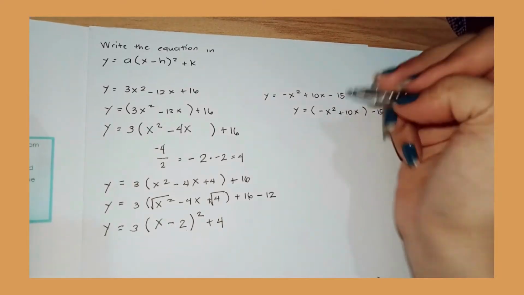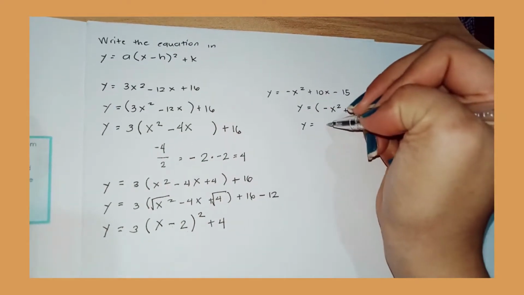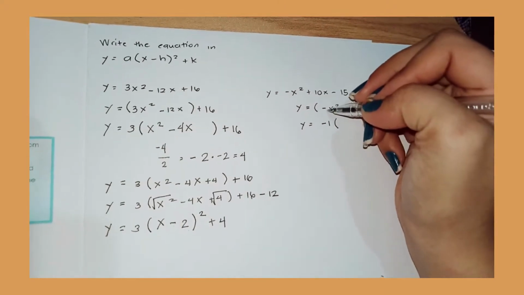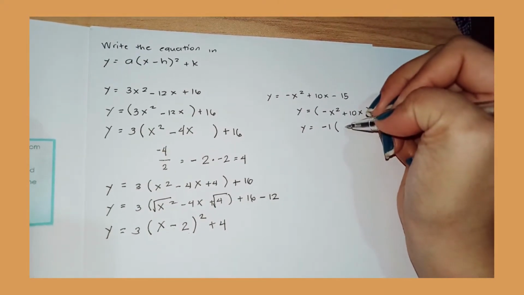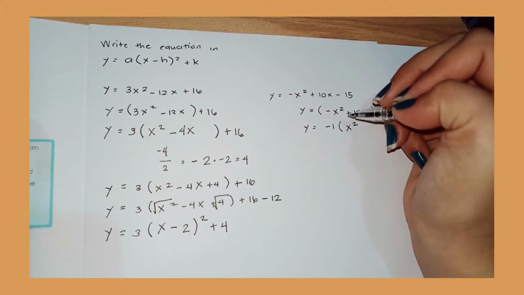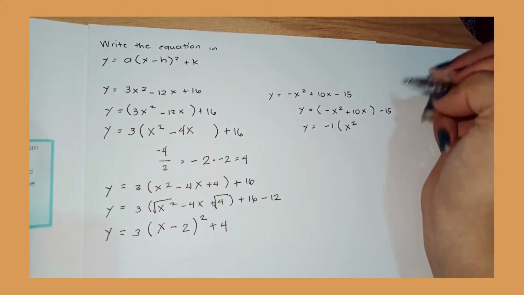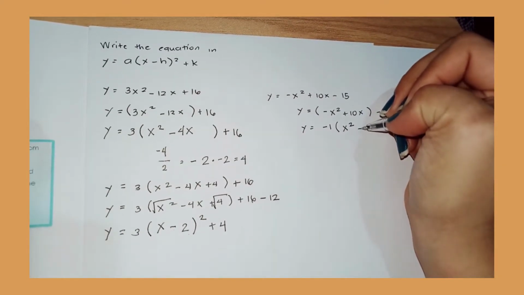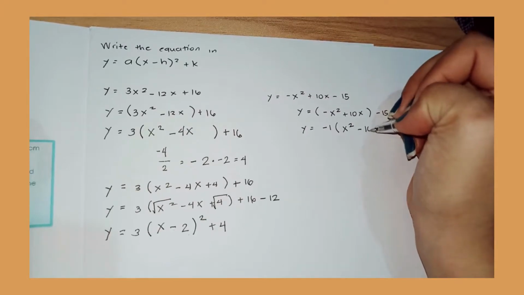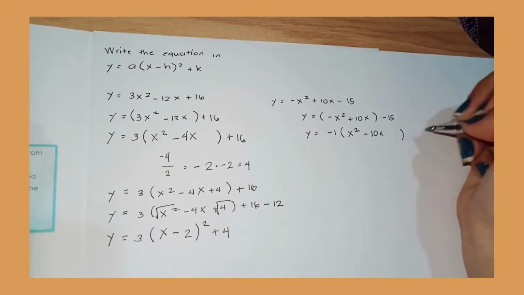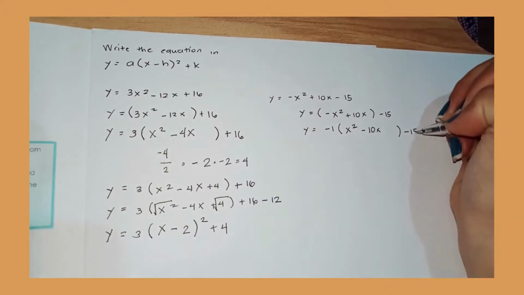So, this will be y is equal to negative 1. Negative divided by negative is x squared na lang siya. And then, yung 10x, di-divide natin into negative 1. The answer is negative 10x. Then leave a little space, copy negative 15.